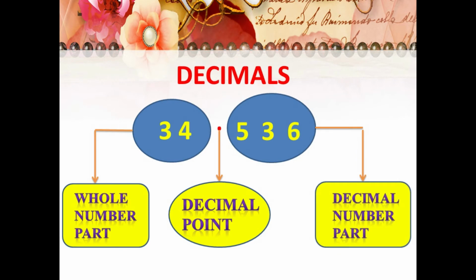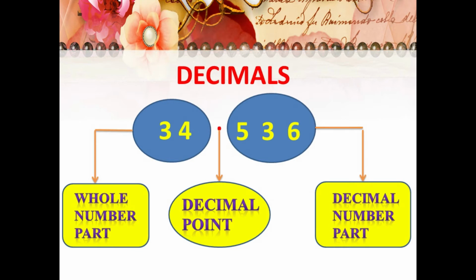A decimal number can be defined as a number whose whole number part and fractional part are separated by a decimal point. How do we read the decimal number? Read together the whole number part and read separately the decimal number part.